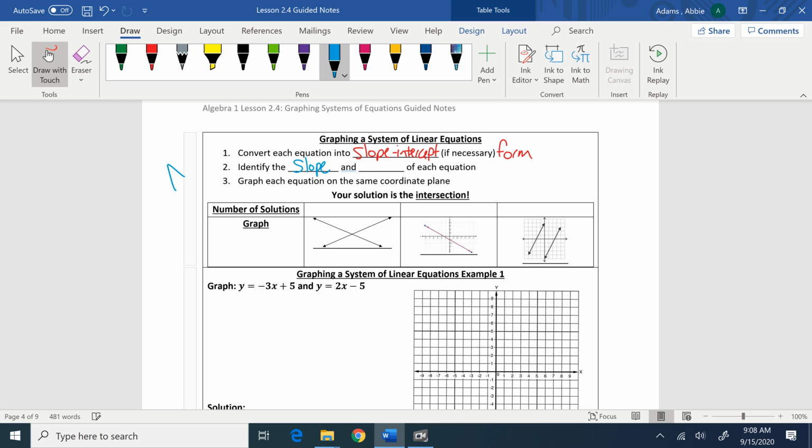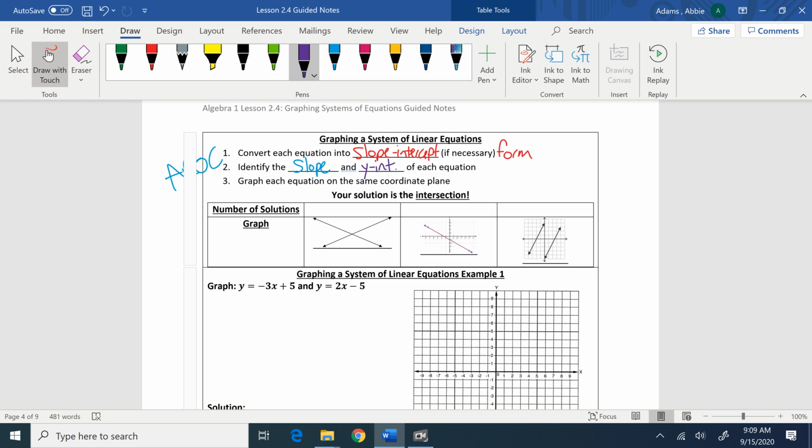You also could call that the AROC, your average rate of change, and the y-intercept of each equation. Then you're going to graph each equation on the same coordinate plane. And remember, your solution for the systems of linear equations is the intersection.